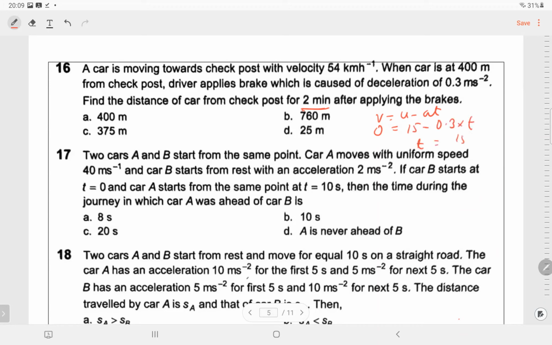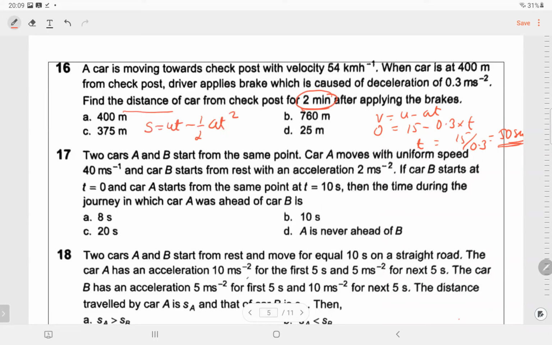So time t will come out 15 by 0.3, which is 50 seconds. So it is moving only for 50 seconds, not for 2 minutes, which means after 50 seconds it is at rest and it is not moving for the remaining 70 seconds. So when we calculate the distance, we use time only 50. We don't take time as 120.